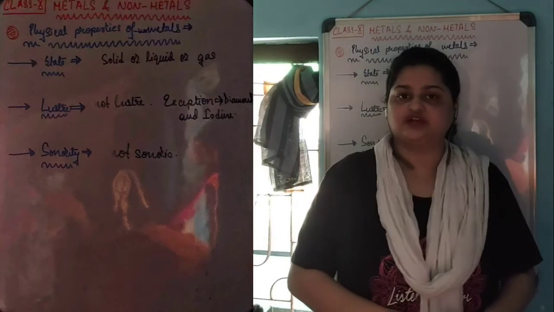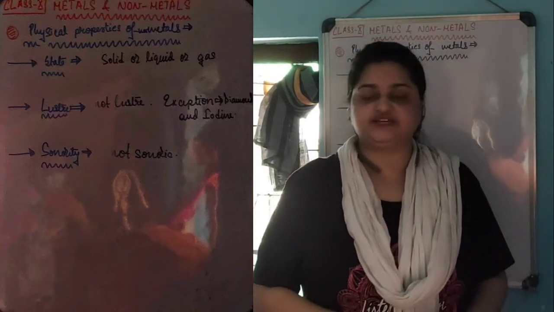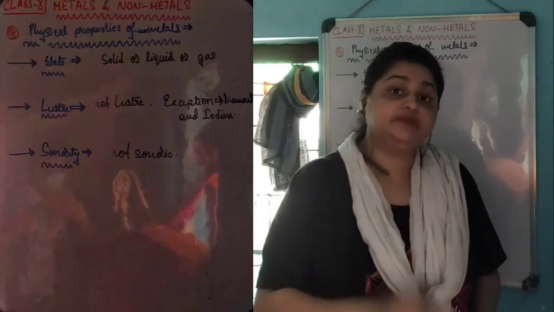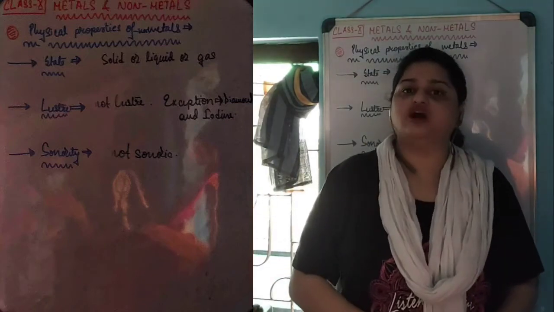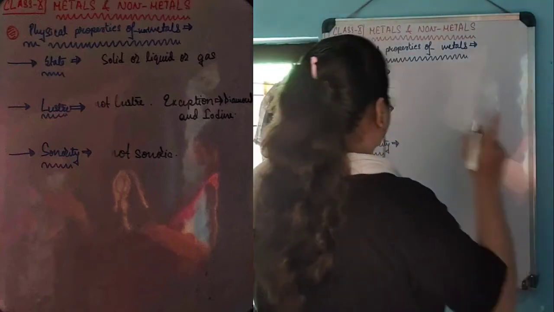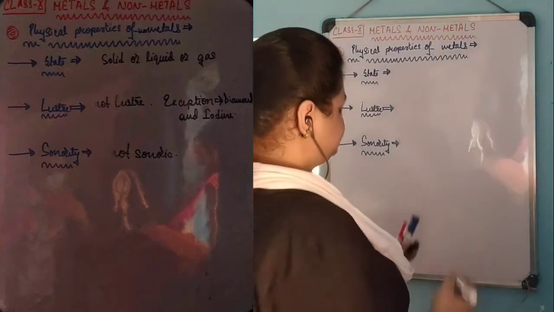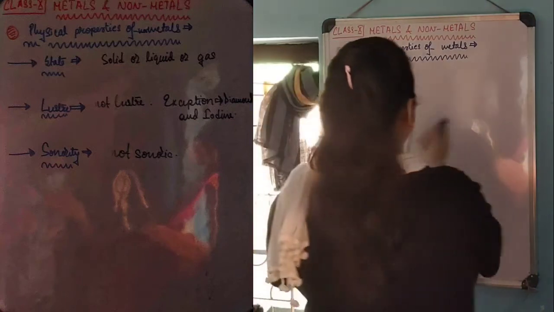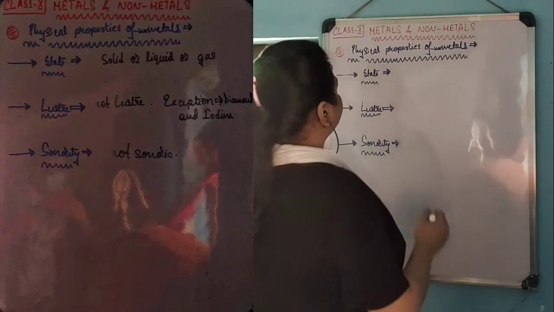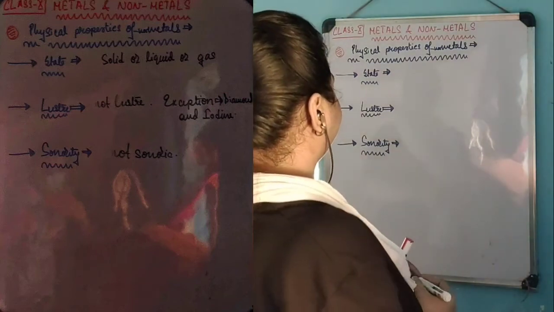Metals are predominantly found in solid state, unlike non-metals, which can be found in solid, liquid or gaseous state. Hence, the next property of non-metals, a little bit of mistake I had made, should have been non-metals, because we are doing the physical properties of non-metals.